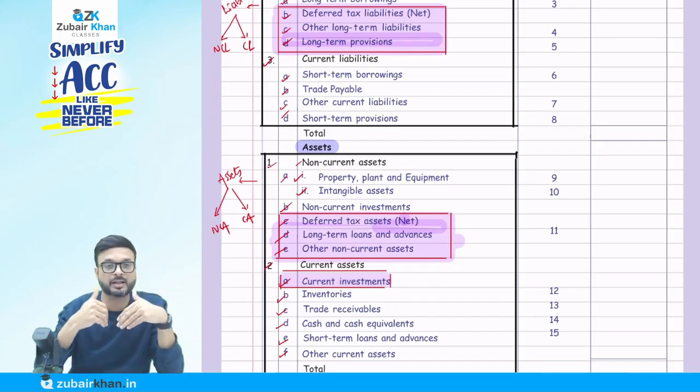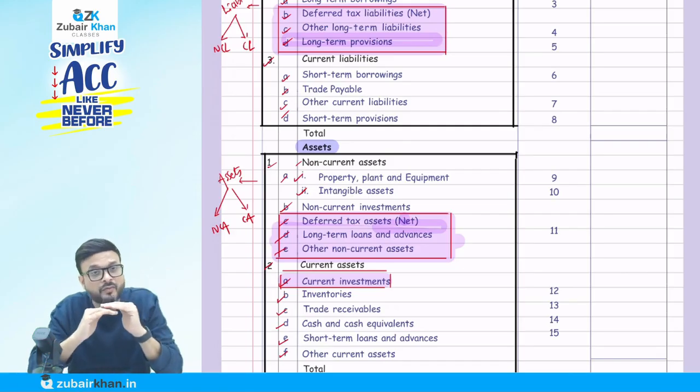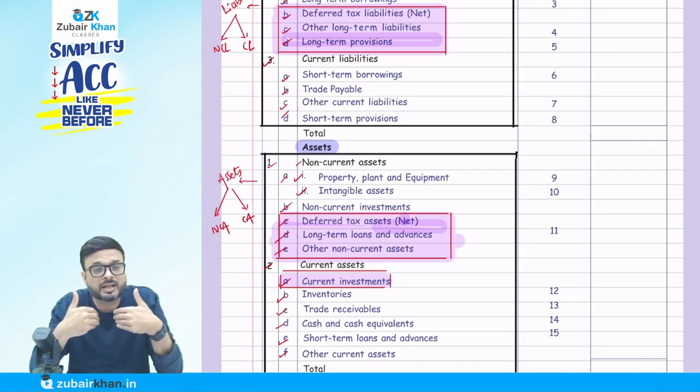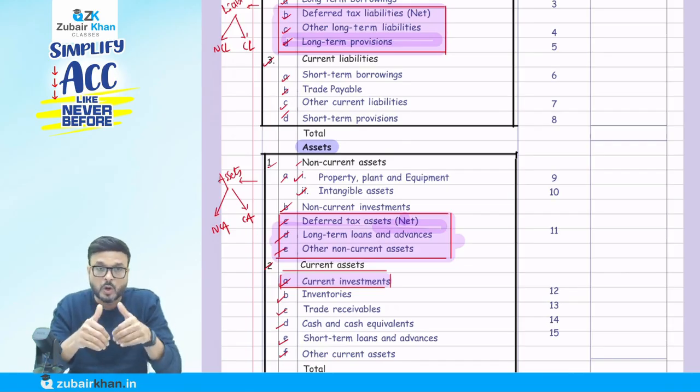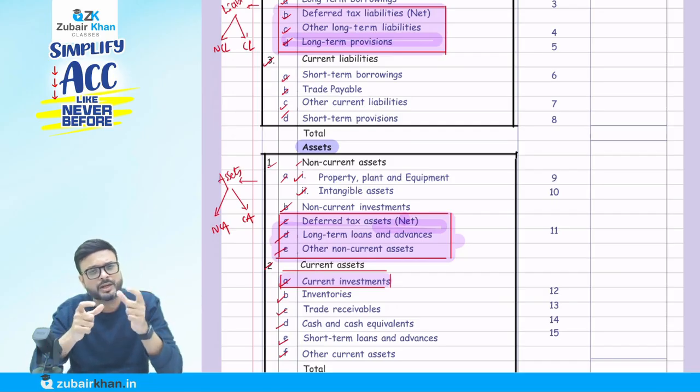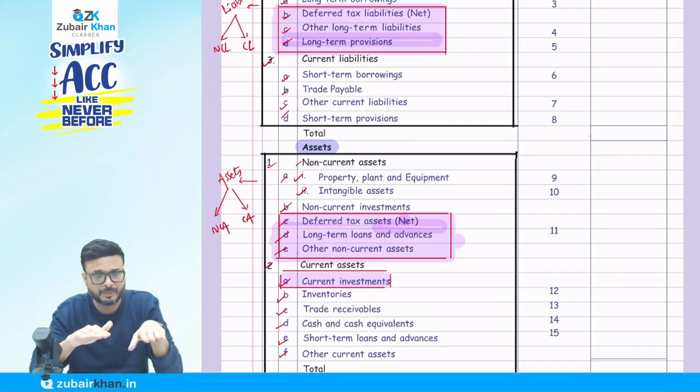Sometimes I may decide 10, you may decide 8 or 9. So it is not fixed at all that it should be 15. No, it depends on the type of information given in the question. Or it might happen that you are off by one or two, no problem in that, okay?